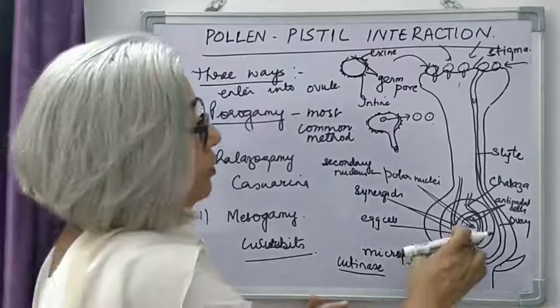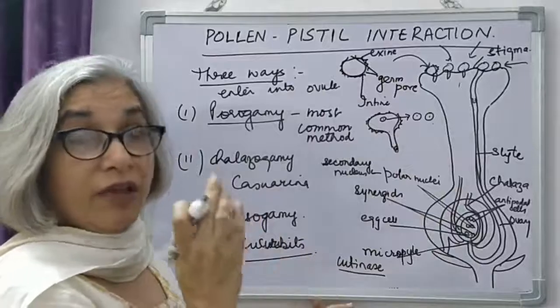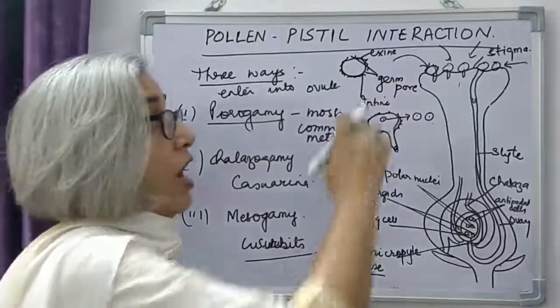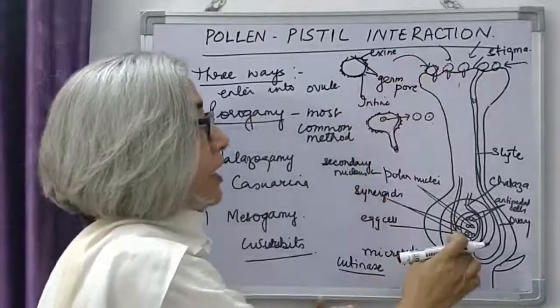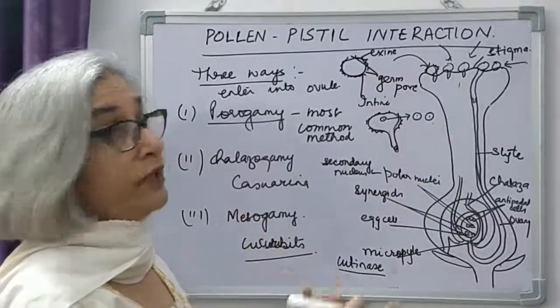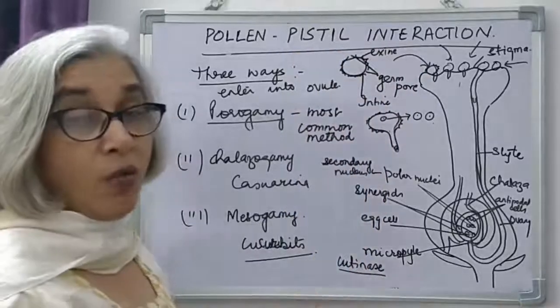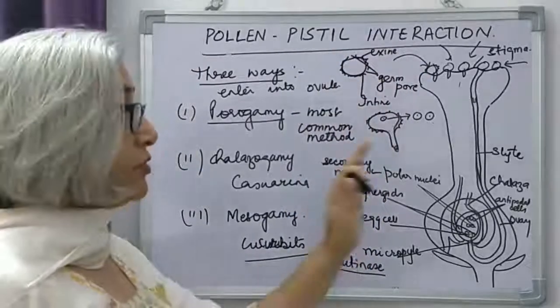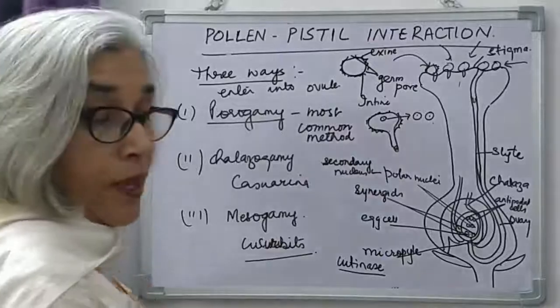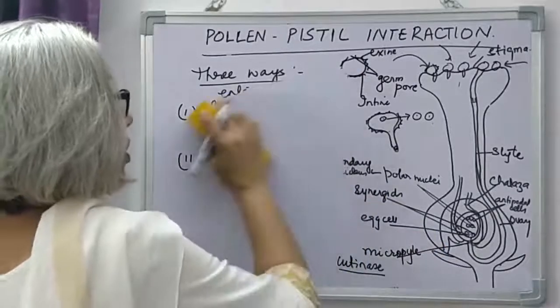So now, all these events that are taking place after pollination till the pollen tube has entered the ovule are grouped together as pollen pistil interaction. Now, once the pollen tube has reached the embryo sac, what is going to happen? That we will see now.